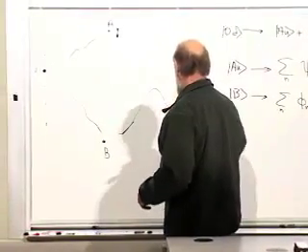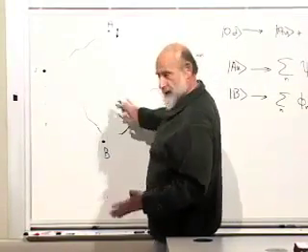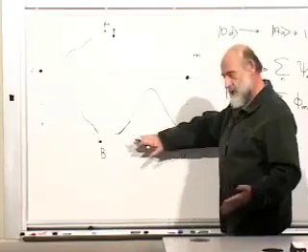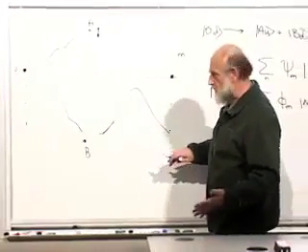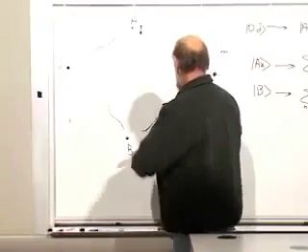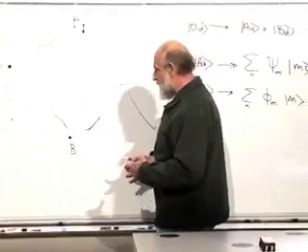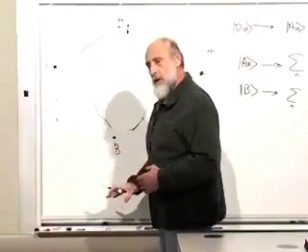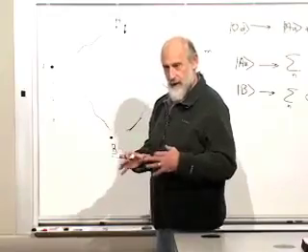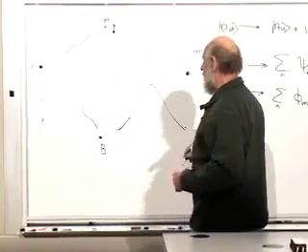So it looks like this. That's the momentum space distribution, the probability distribution for the momentum. And it's pretty well spread, because the location is very nicely definite.